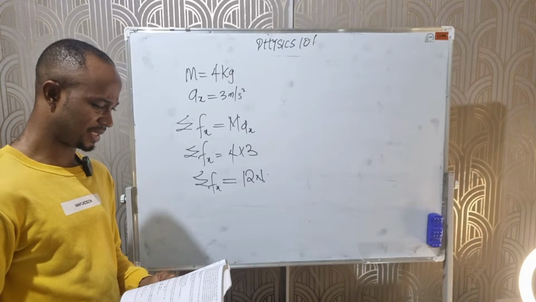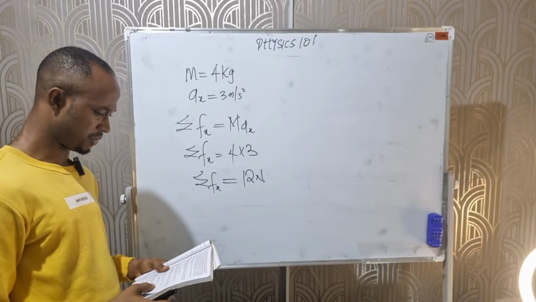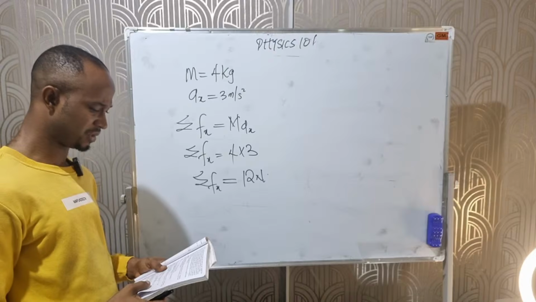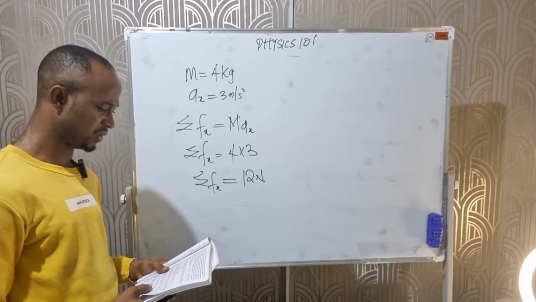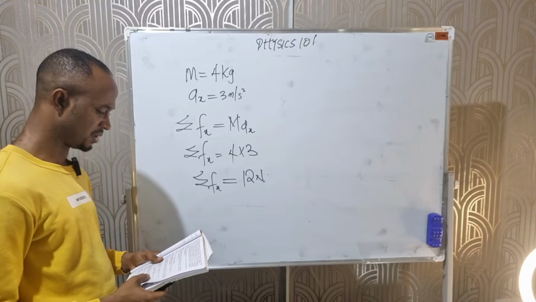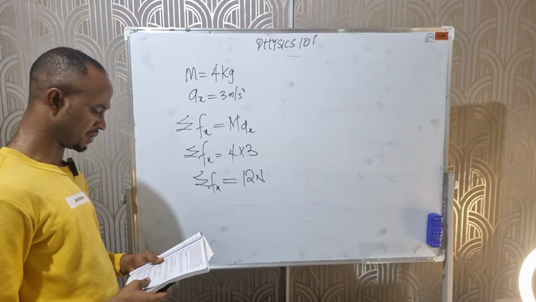Then the question says again, what will be the resultant force on the body when it moves with a uniform velocity of 6 meters per second?